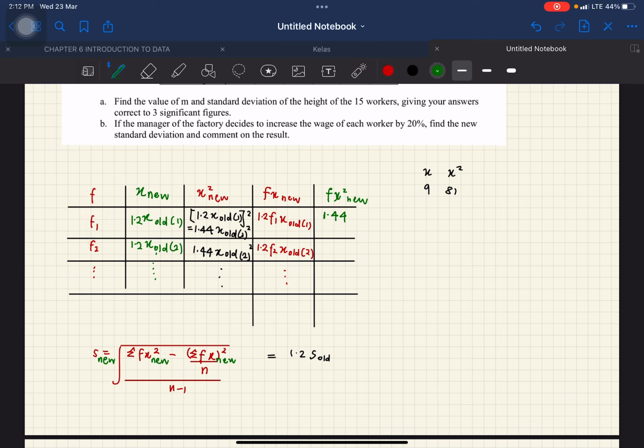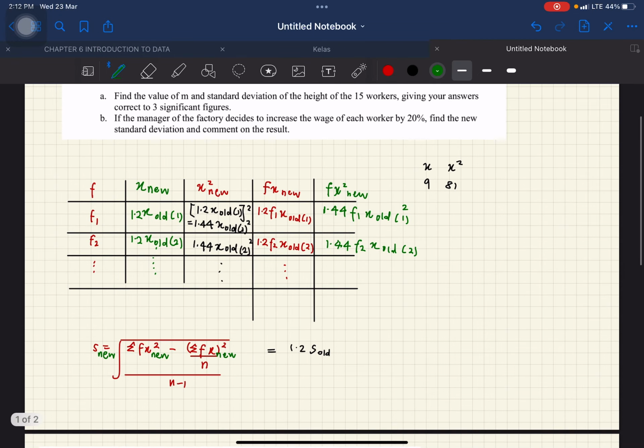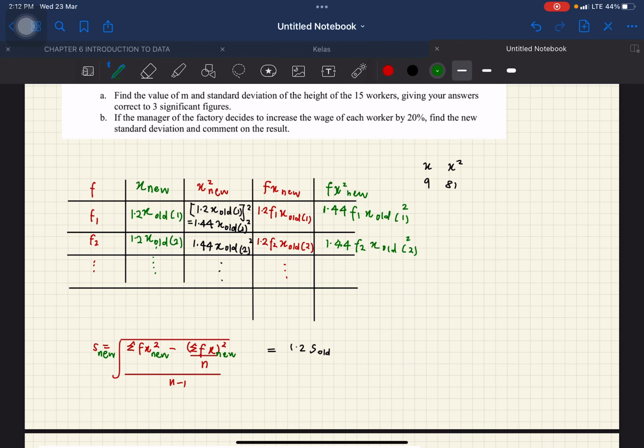So you have 1.44 F1 X old number 1 square. Okay, sama juga yang bawah ni. So you have 1.44 F2 X old number 2, we square it. Okay, settle. Same goes sampailah habis.